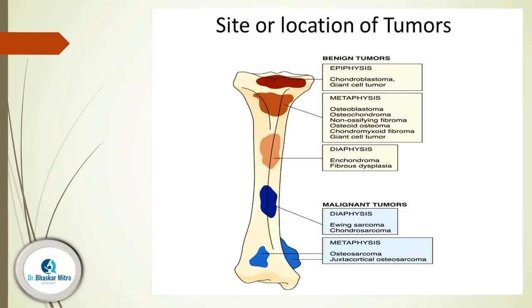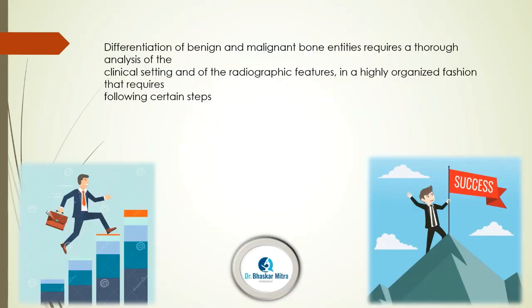So as per epiphyseal, metaphyseal and diaphyseal location, these are the most common tumor locations, like chondroblastoma, giant cell tumor, as I said earlier, for the epiphyseal location. Metaphysis comes the osteoblastoma, osteochondroma, non-ossifying fibroma, giant cell tumor again, diaphysis for these lesions. So these are the different lesions occurring in the different skeletal regions.